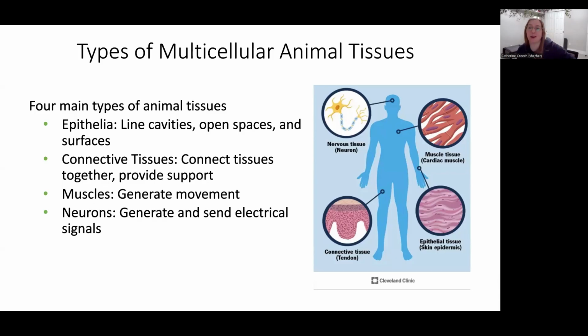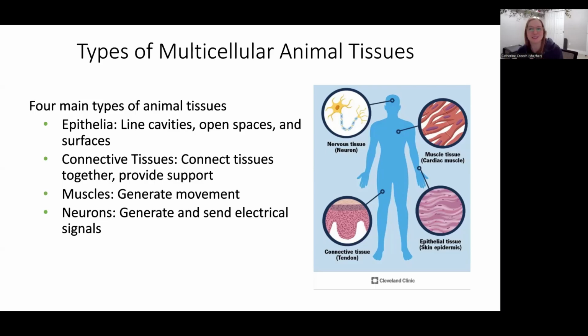So everywhere around your body, things are lined with epithelia. We have connective tissue. Connective tissue connects things together, but the things that are in connective tissue kind of feel counterintuitive. An example would be like tendon, but also bone and blood. Those are also connective tissues. We'll talk about them too.